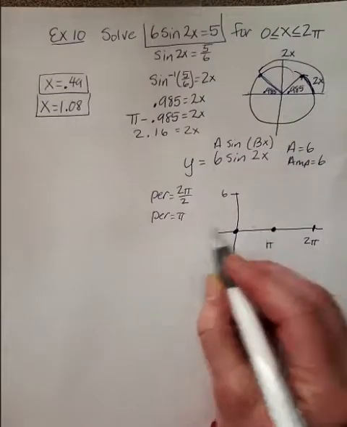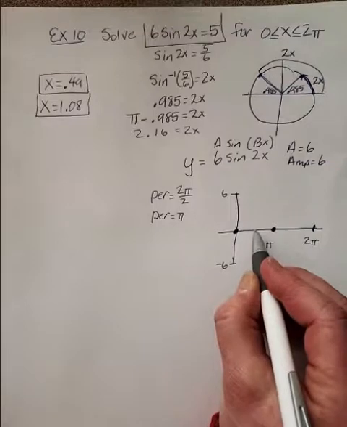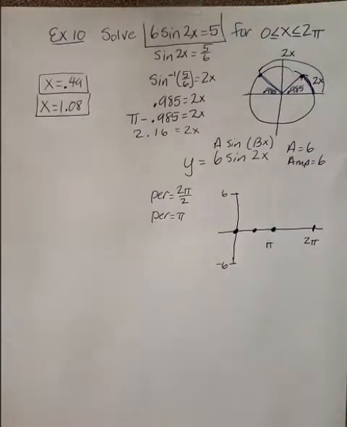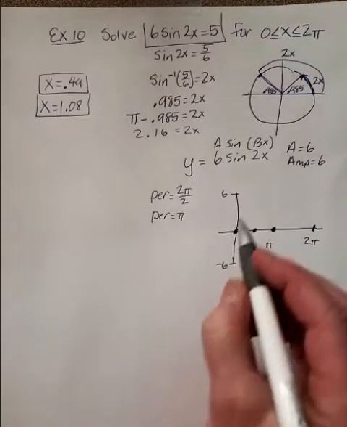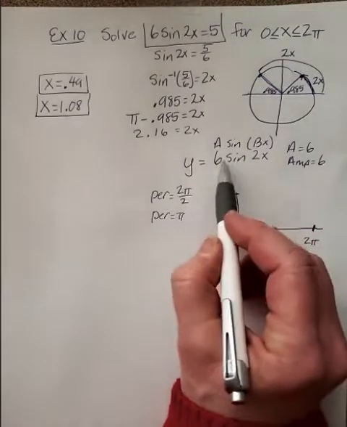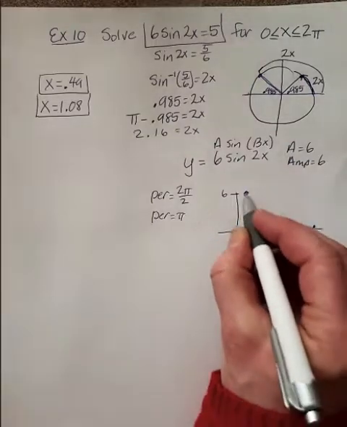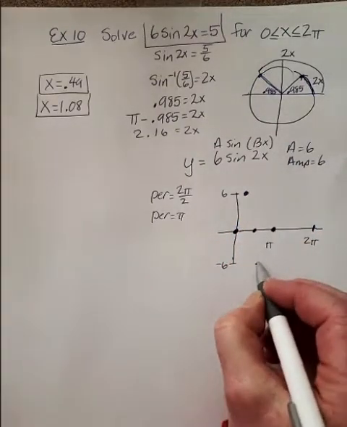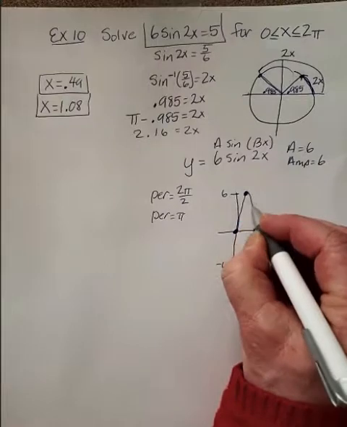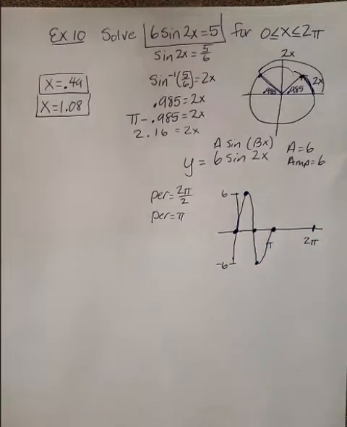In this case, that's going to be pi units on the x-axis. Right in the center, there'll be another x-intercept. So those are the 3 zeros of the sine wave from this function. In between these two, I'm going to have a maximum of 6. In between these two, I'm going to have a minimum of negative 6. So there's one full cycle of y equals 6 times the sine of 2x.